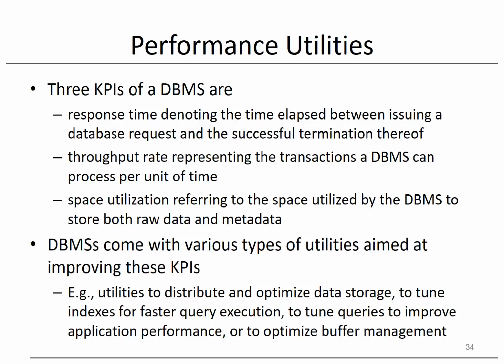The throughput rate represents the transactions a DBMS can process per unit of time. Space utilization refers to the space utilized by the DBMS to store both the raw data and the metadata. Obviously, a high-performing DBMS is characterized by quick response times, high throughput rates, and low space utilization.